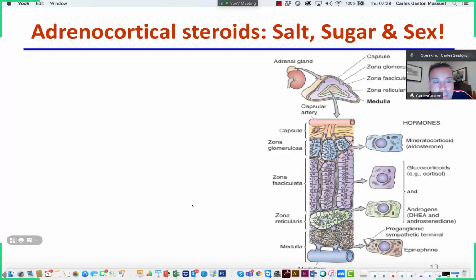Now, each specific cell, like in blue, or here of the zona fasciculata in lilac, and the one in green, contains different enzymes which will allow the transformation of this cholesterol into different hormones derived from cholesterol, such as aldosterone, cortisol, and androgens.